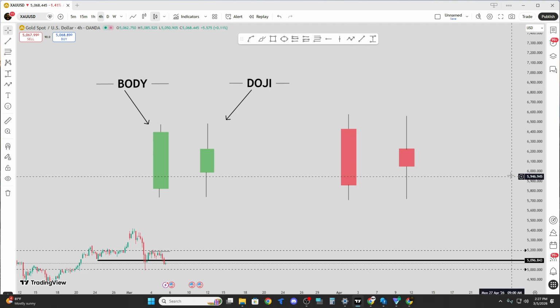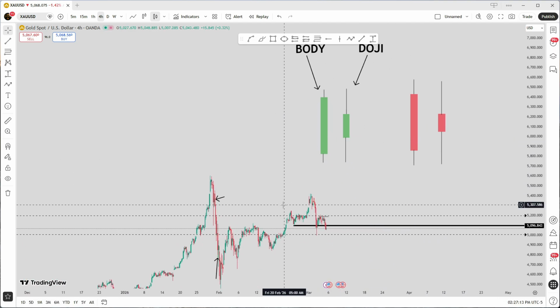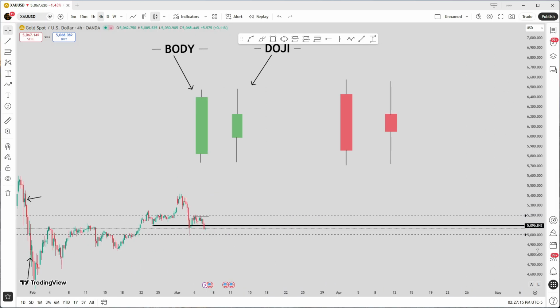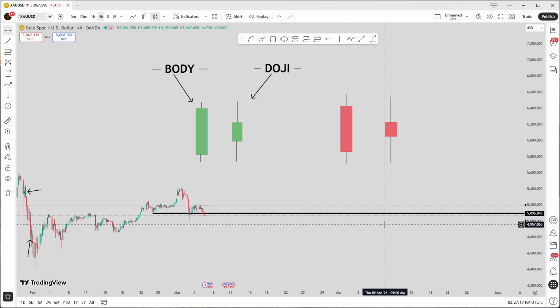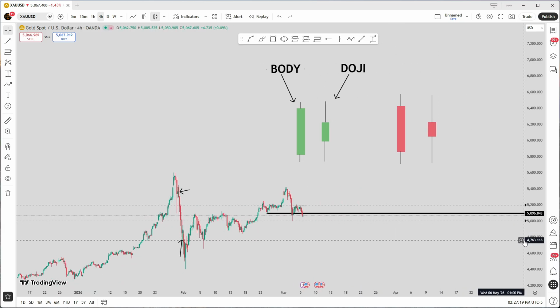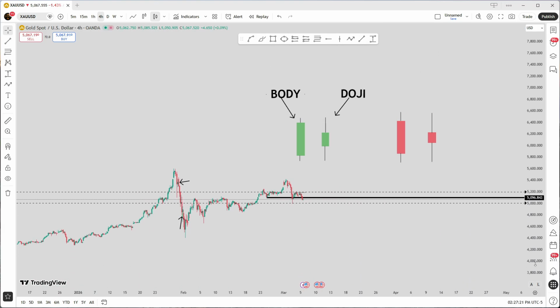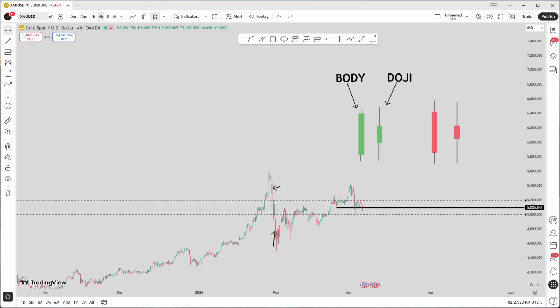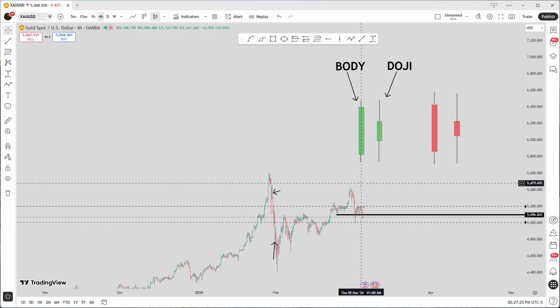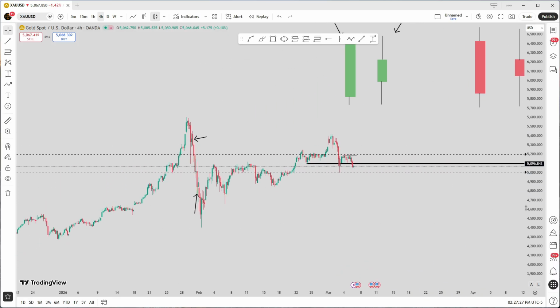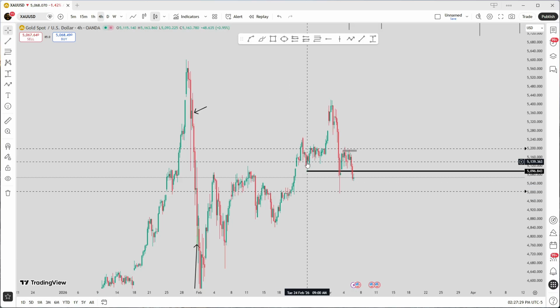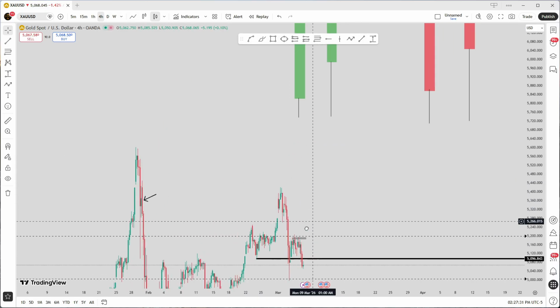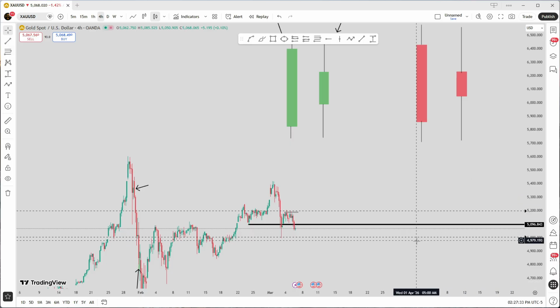But don't get too confused with the candles. They are important, yes, but don't get too in tune with a single candle, because the market moves off of trends, and within those trends there are single candles.